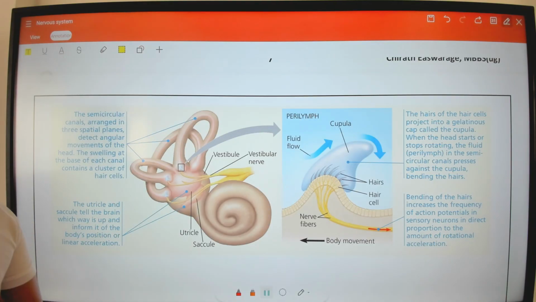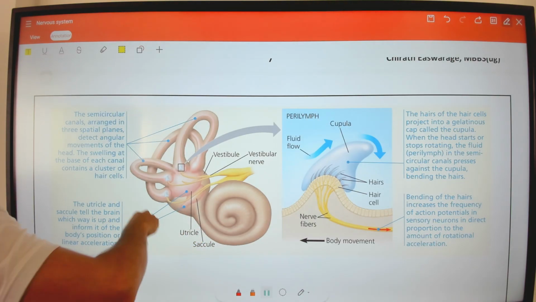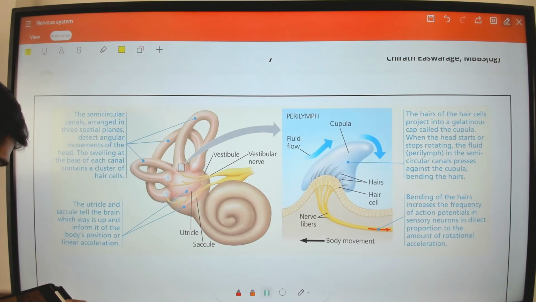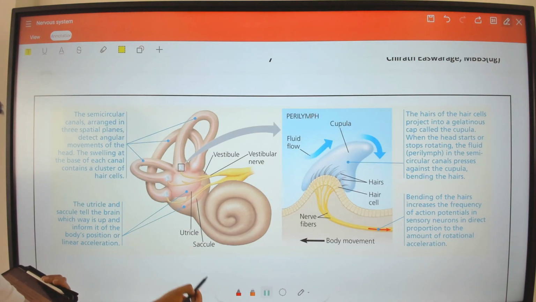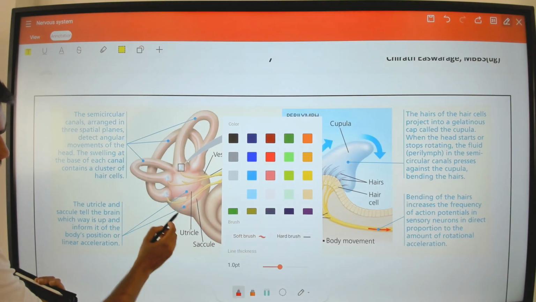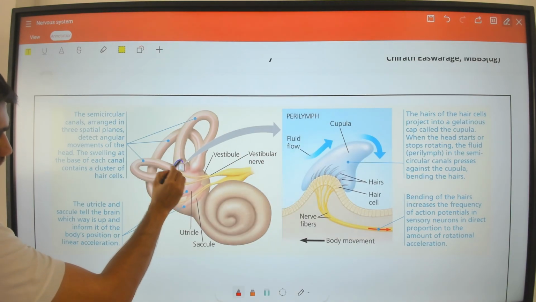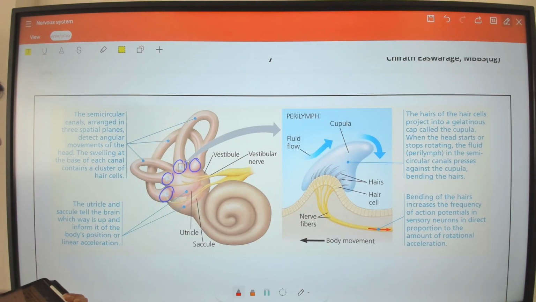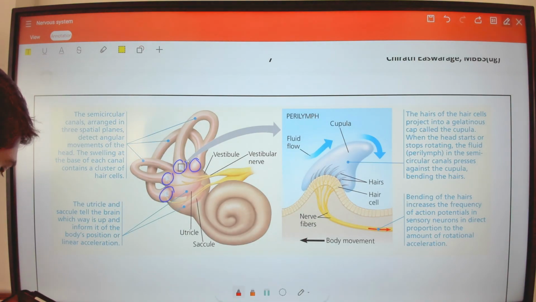Okay? Then we move on to the semicircular canals. What is done by the semicircular canals? I told you they are located in the three spatial planes. At the base of each of these semicircular canals, there is an expanded area with hair cells.